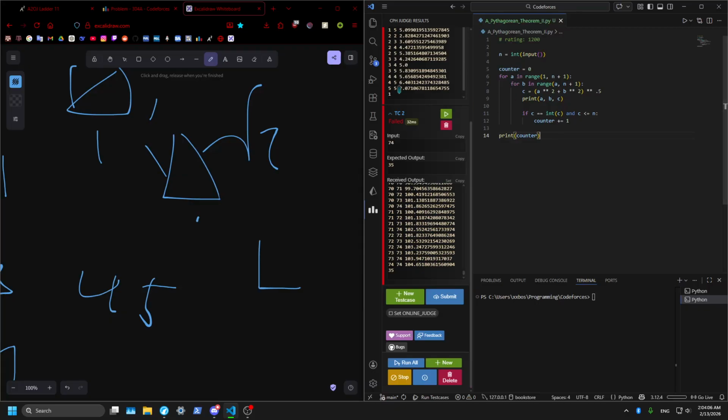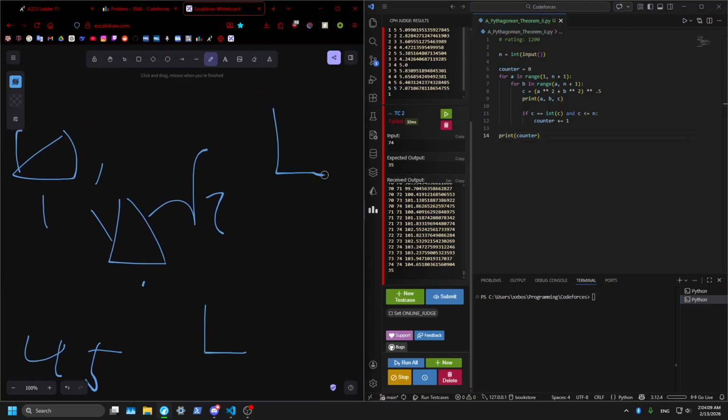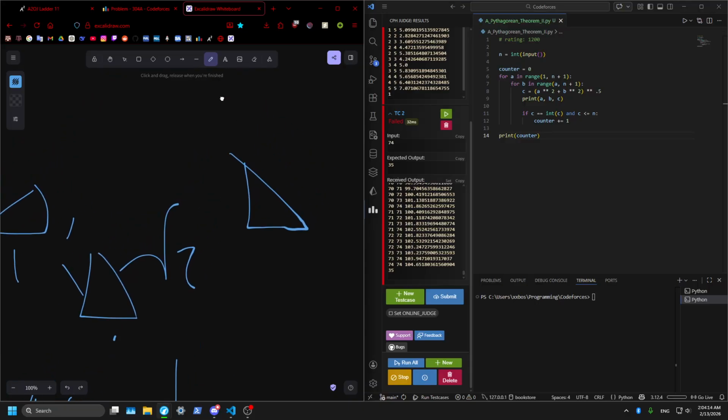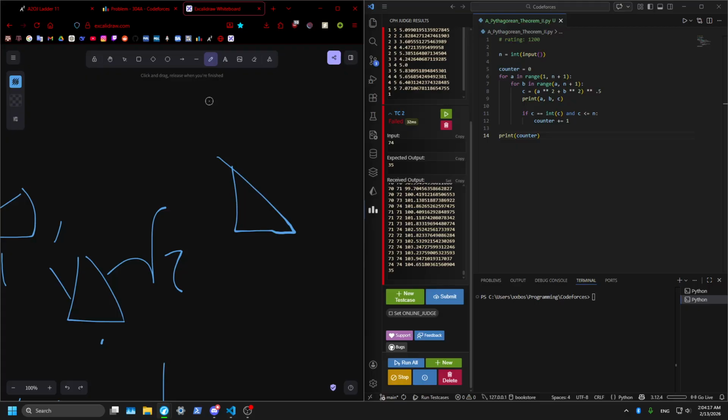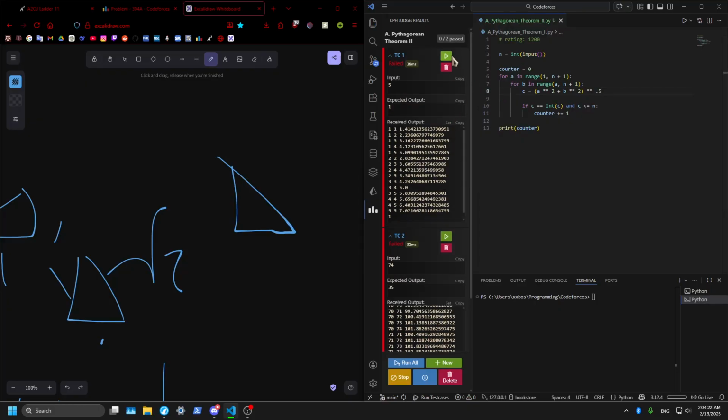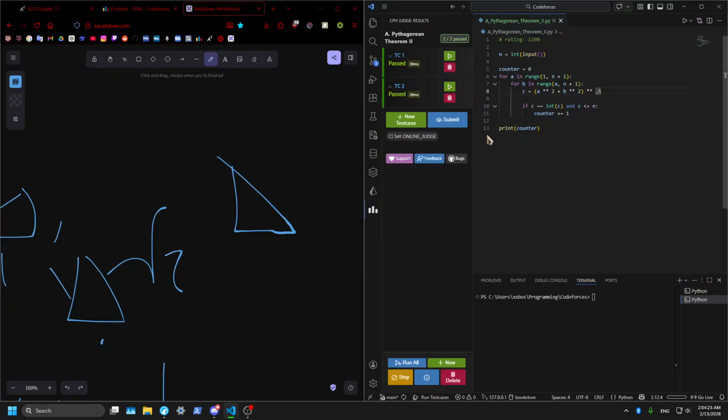I'm trying to see if there's ever a case where they're equal. I guess it doesn't really matter. Are there any special edge cases? To pay attention if they're equal. I don't think this case matters at all.